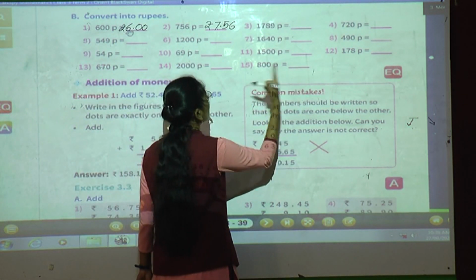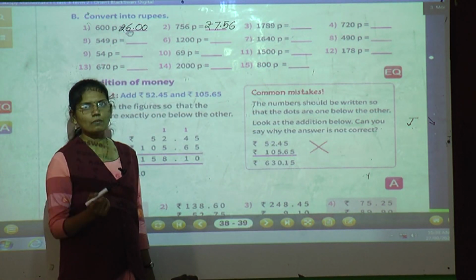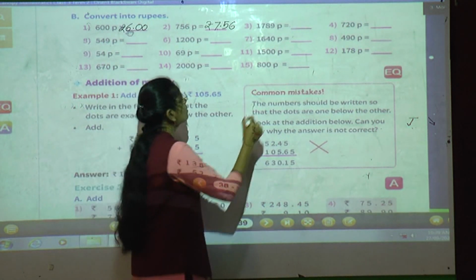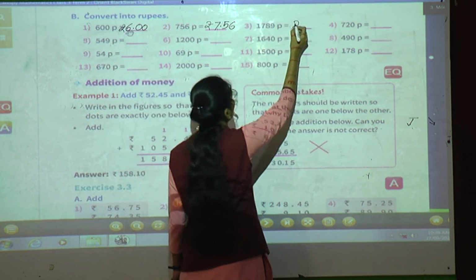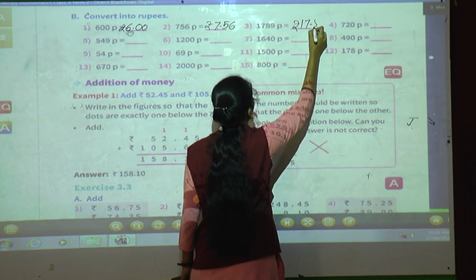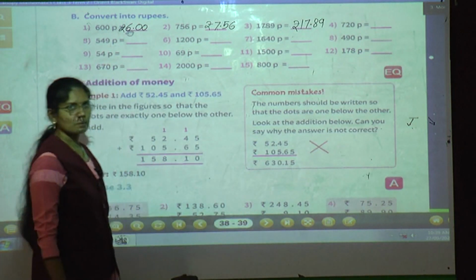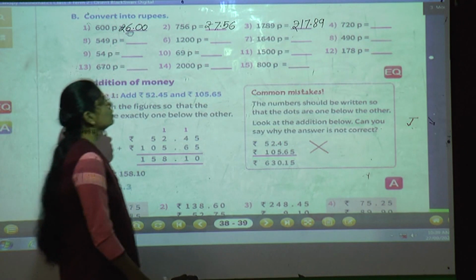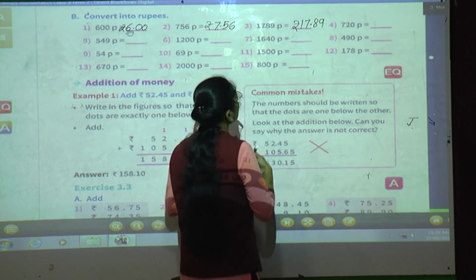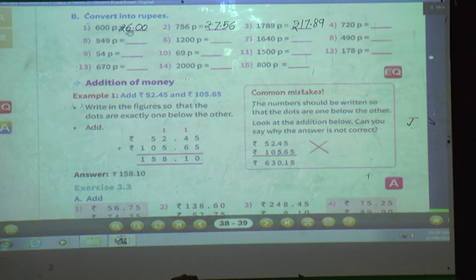So before 8 we have to put a dot, then it will be converted into rupees. So 1789 paise is equal to 17.89. Before the second digit, means before 8, we have to give a dot. So rupees 17.89. Next, fourth example, 720 paise.